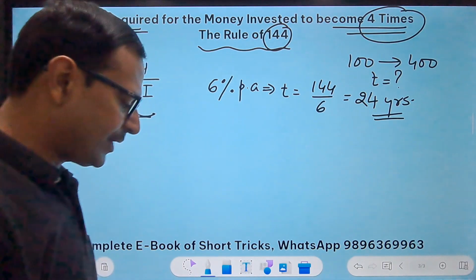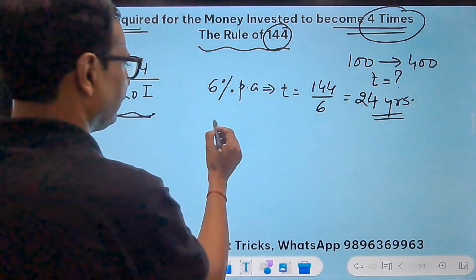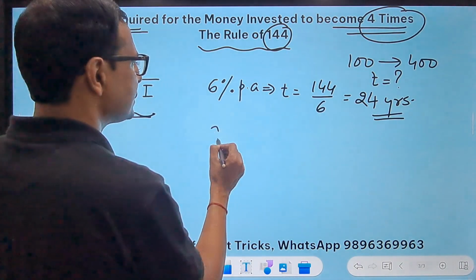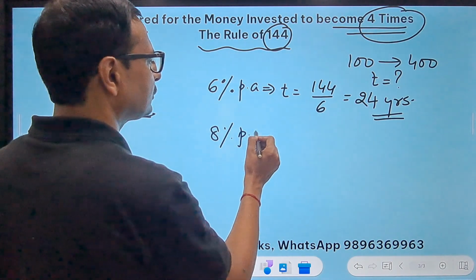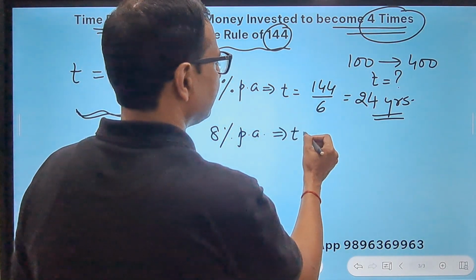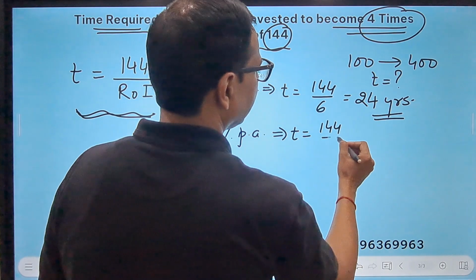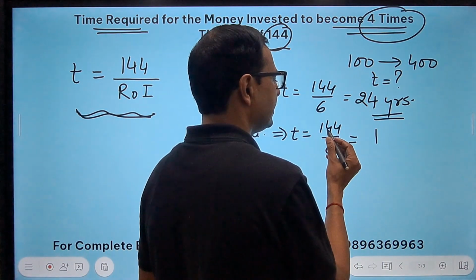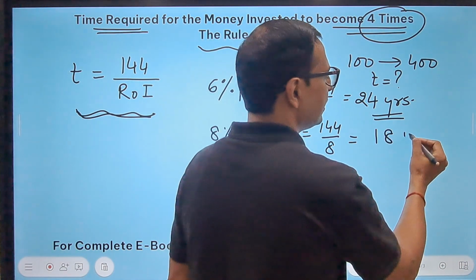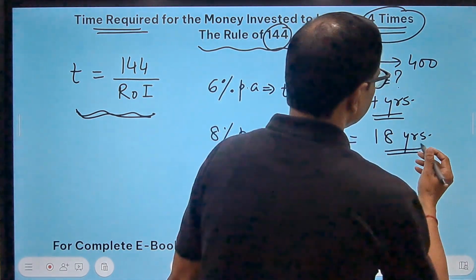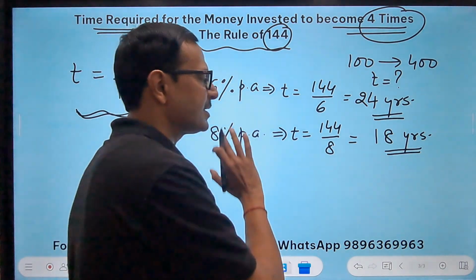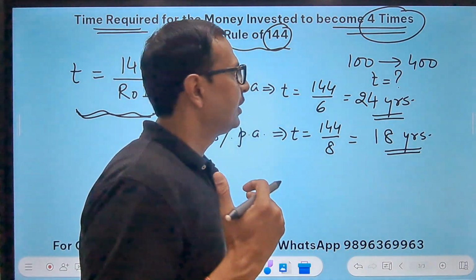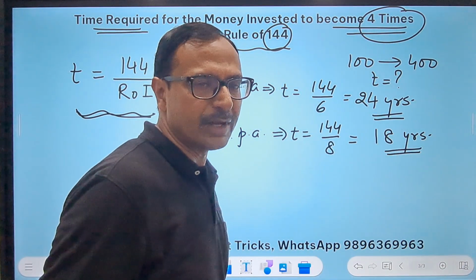interest. Likewise, if you take the example of say 8% per annum, then the time required will be 144 upon 8, and that is 8 ones are 8 and 64 means 8 8s are 64. So 18 years time required at 8% per annum to have 4 times the amount invested.